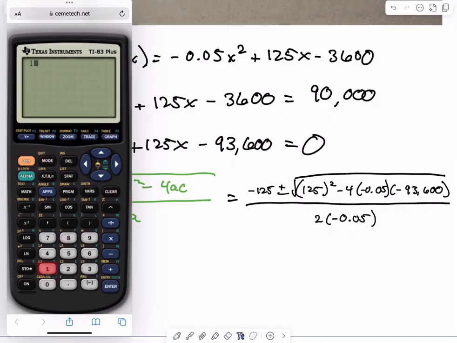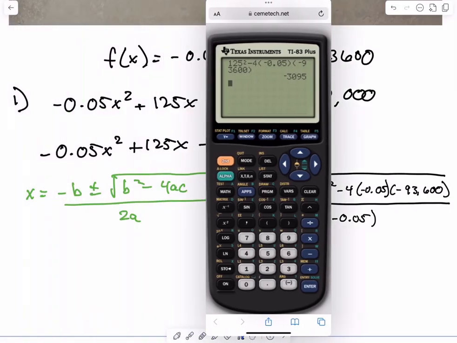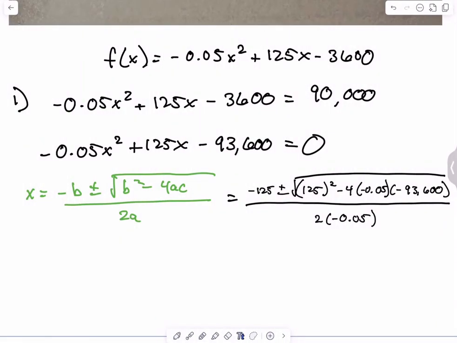If we said 125 squared minus 4 times negative 0.05 times negative 93,600, we should get a negative result there, because the discriminant is negative. We can't take the square root of a negative, so no solution.